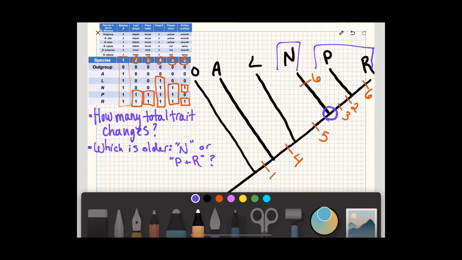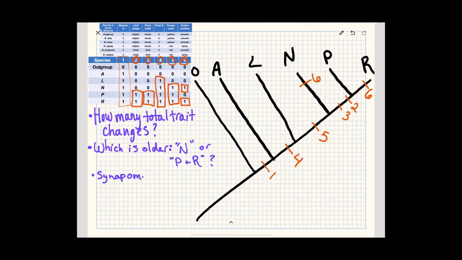And so actually they emerge at the same time, these two lineages. The lineage that led to N and the lineage that led to PR are the same age. So neither is older. That would be the same as asking the question, which is older, P or R? Well, they're the same age. They have the same common ancestor. Moving on.